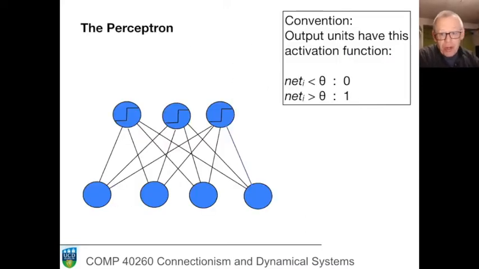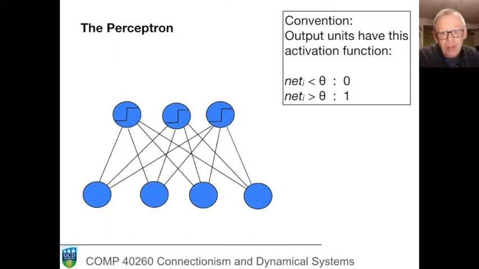This is what the perceptron actually looks like, not nearly as flashy. It's a two-layer network. So we only have input units and output units, no hidden units. At the input layer, we're going to provide the patterns. And the output units originally had a stepwise activation function. That's why there's a step shown in the middle of each of the units there. What they do is they sum their input in the usual way.